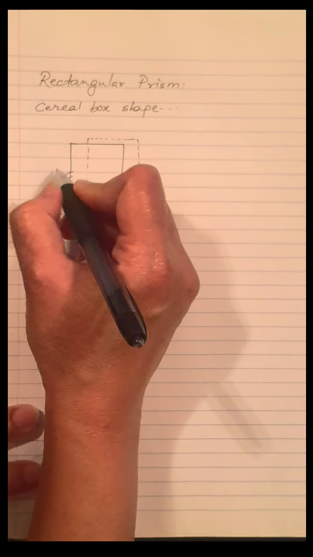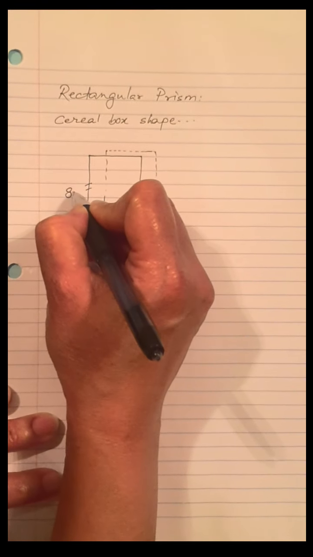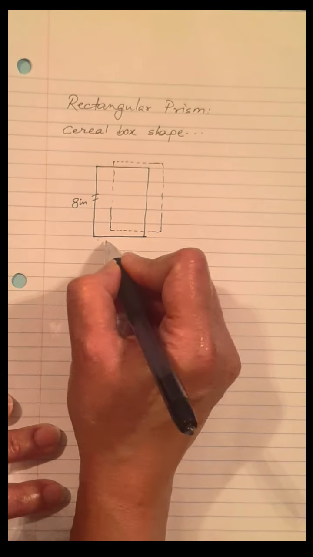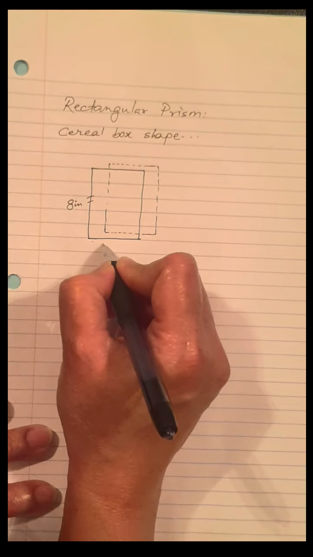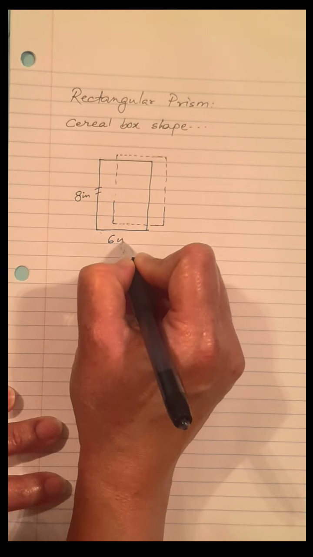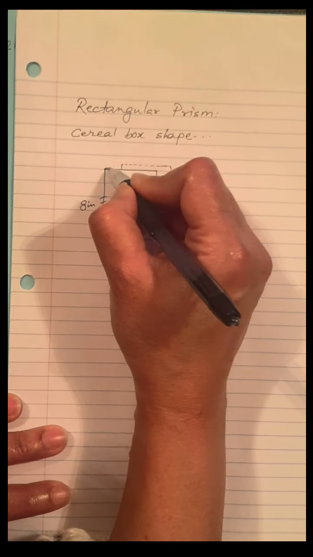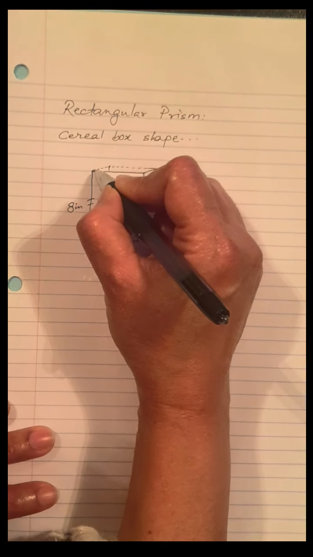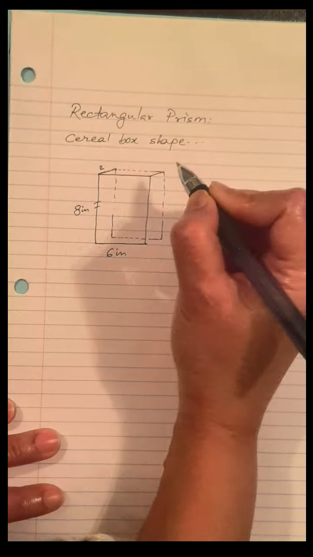This is the height of the box, say 8 inches, and this is the width of the box, say this is 6 inches, and this is the depth of the cereal box, which is say 2 inches.